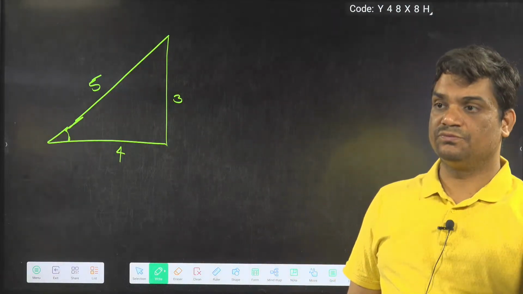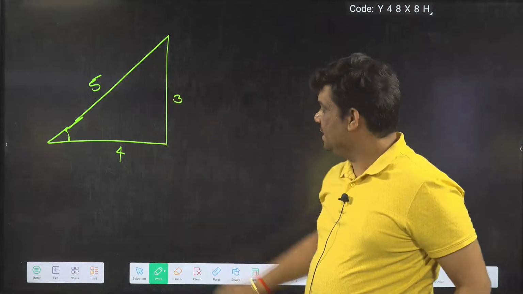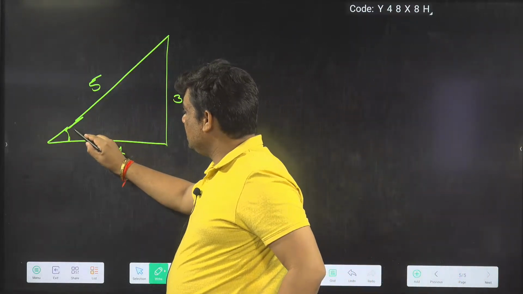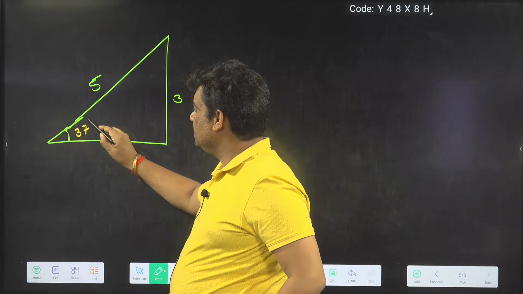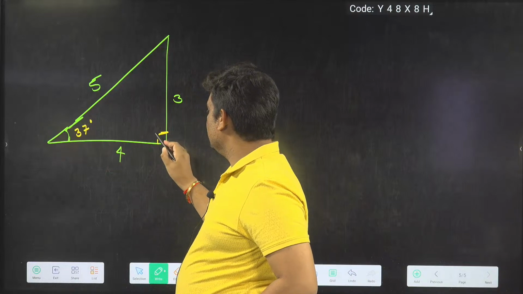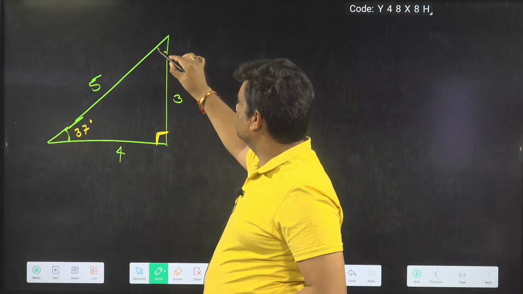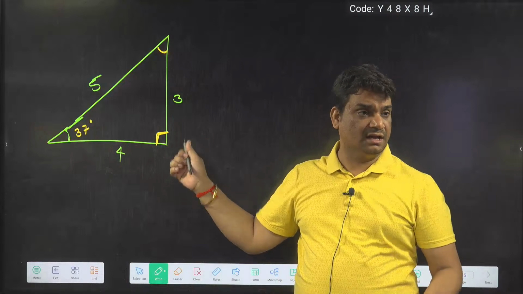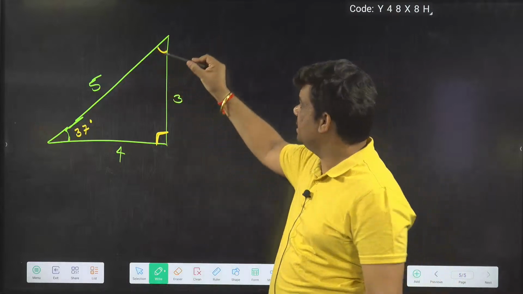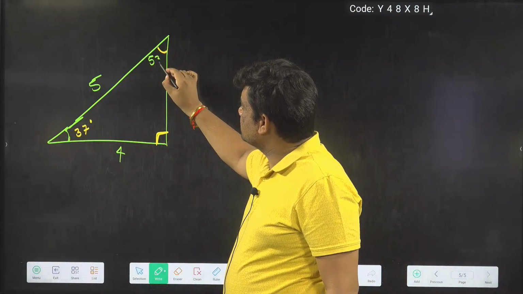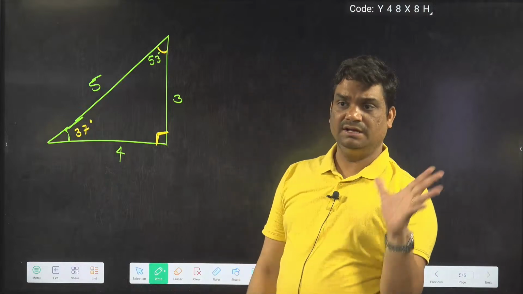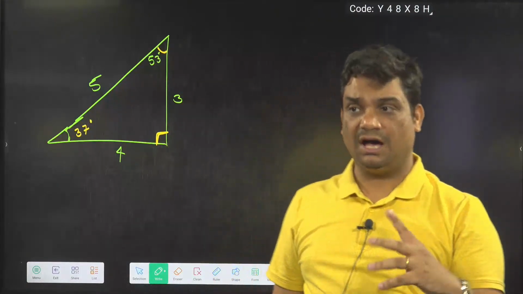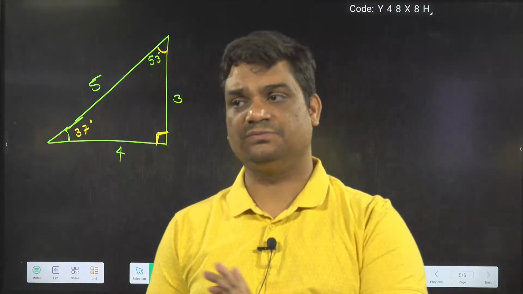In this triangle, this angle is 37 degrees, this one is 90 degrees, and the upper angle will be 53. So you have to keep this triangle in mind: the very standard triangle 37, 53, with sides 3, 4, 5.